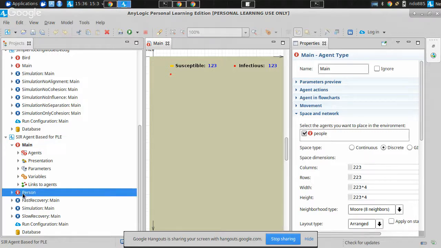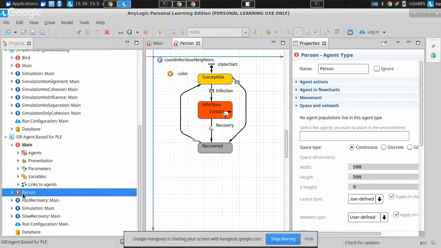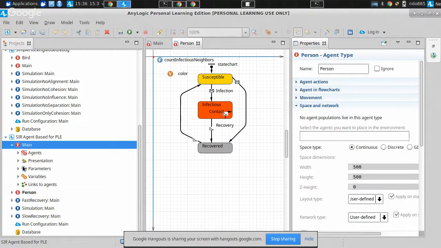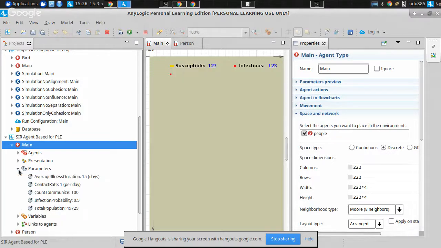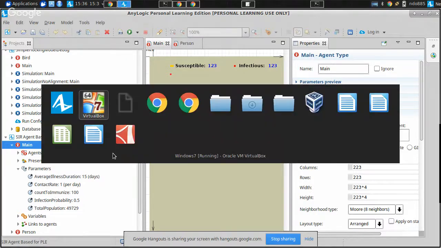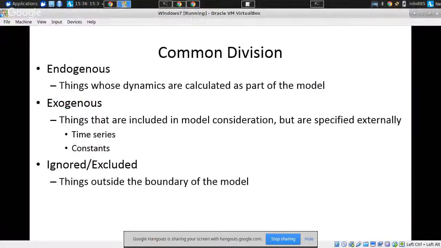We had each person associated with a state chart where the parameters in main specified the values to use for their contact rate, average illness duration, the infection probability given exposure, etc. So there were a lot of things, in short, that were exogenous.